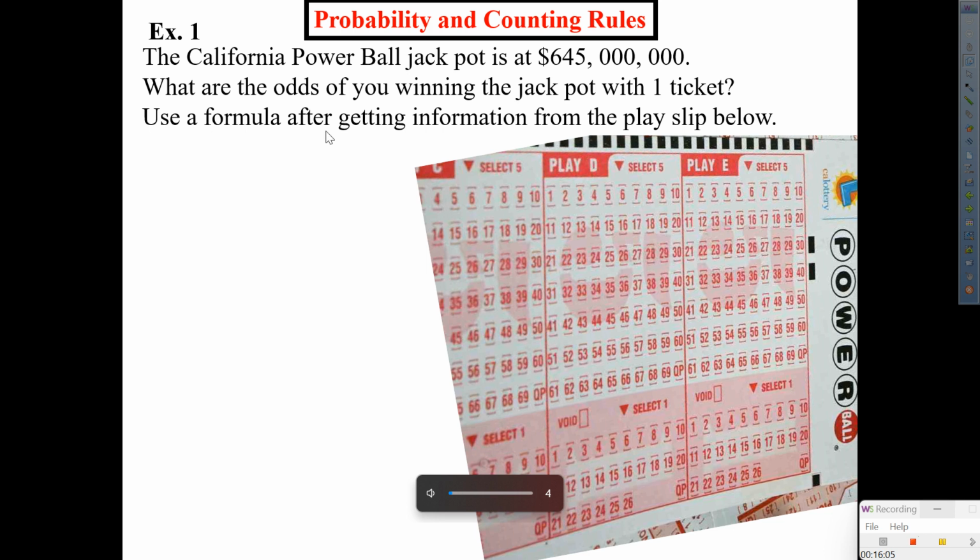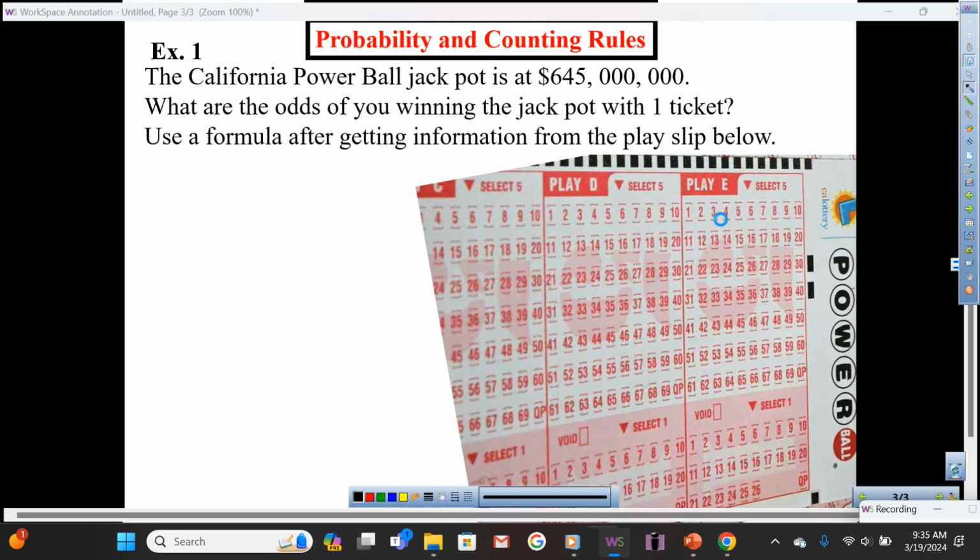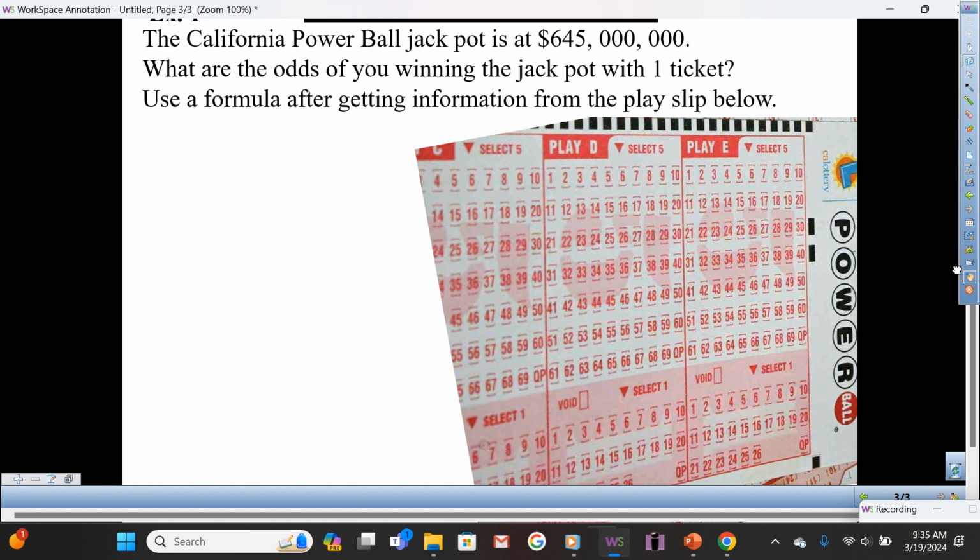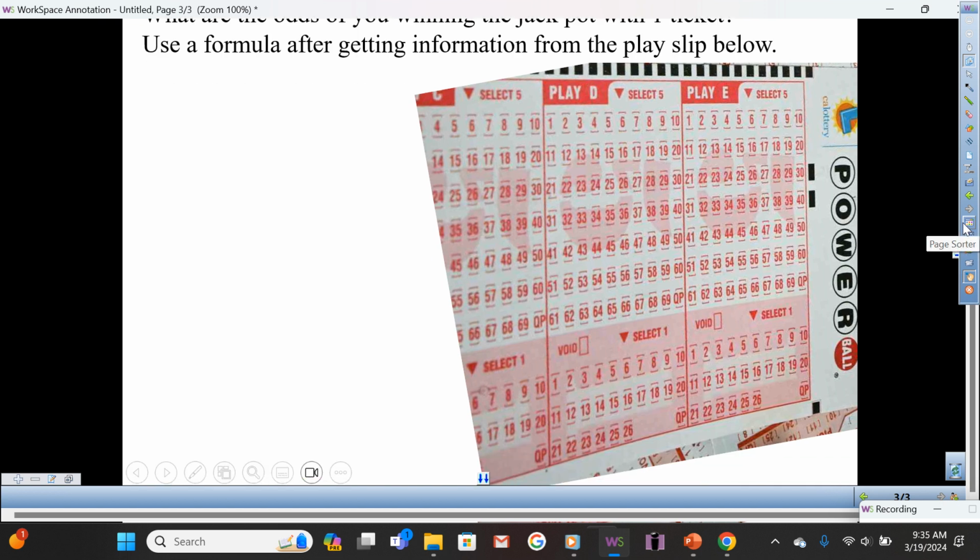Use the formula after getting information from the play slip below. Look at the play slip. Do you guys know how to play Powerball? Okay, this is how it's played. For Powerball, they put all the numbers in a little cylinder with air, and all of a sudden they start randomly getting numbers out. So you first need to, look what it says here, select what?